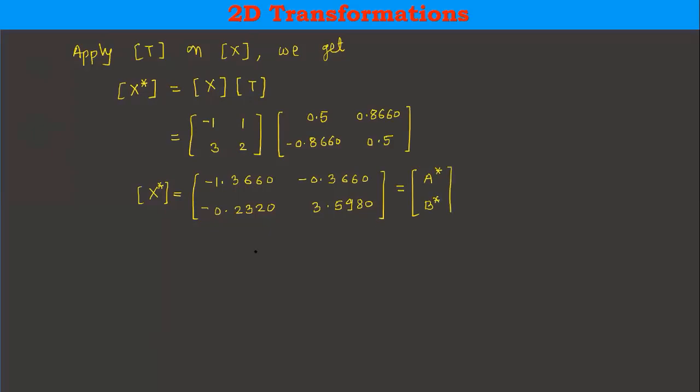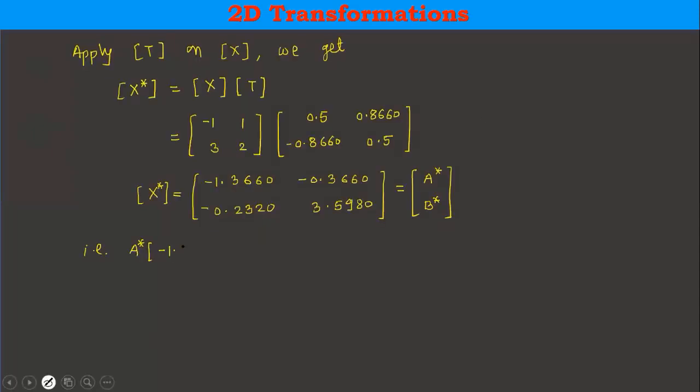Okay, so what are the coordinates of the point A star? The coordinates of the point A star are minus 1.3660, and then the second coordinate is minus 0.3660.